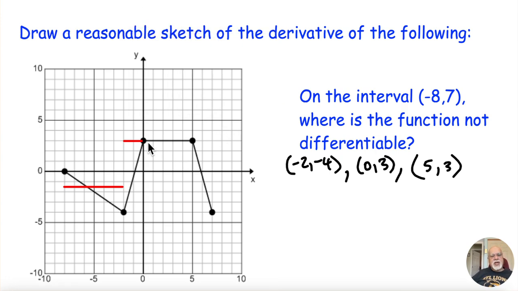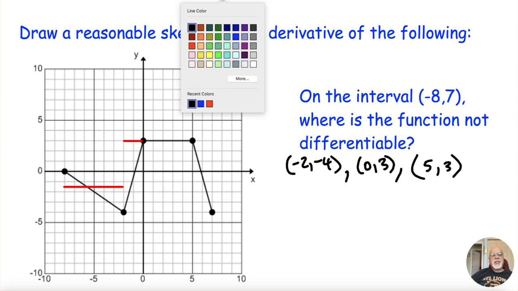And across the top here, between the third and fourth dot, the slope appears to be 0, because it's a horizontal line. And so that would look like this. And then finally, between the fourth and the fifth point, the slope is negative, and it looks to have a drop here of 3 for a run of 1.